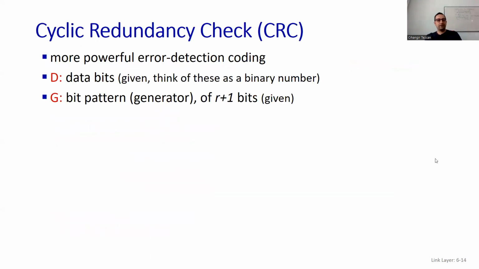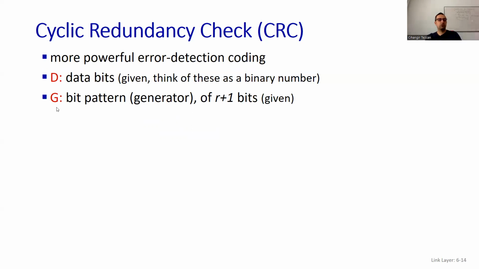So for this reason, in this layer, we have the Cyclic Redundancy Check, CRC. It is a more powerful error detection coding. So your data is D, and we generally think about it as a binary number. G is the generator bit pattern of R+1 bits.